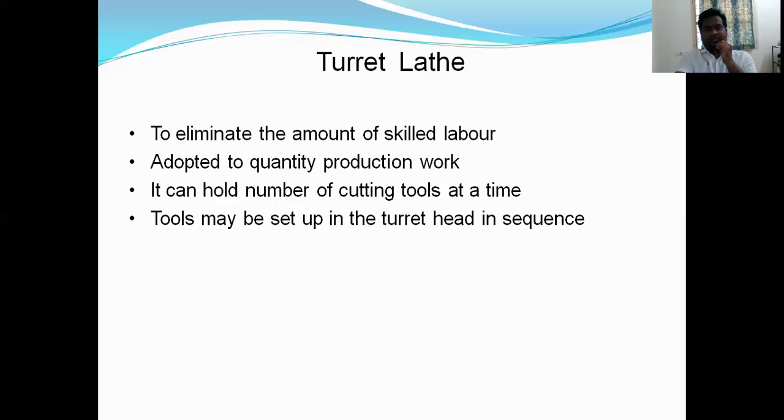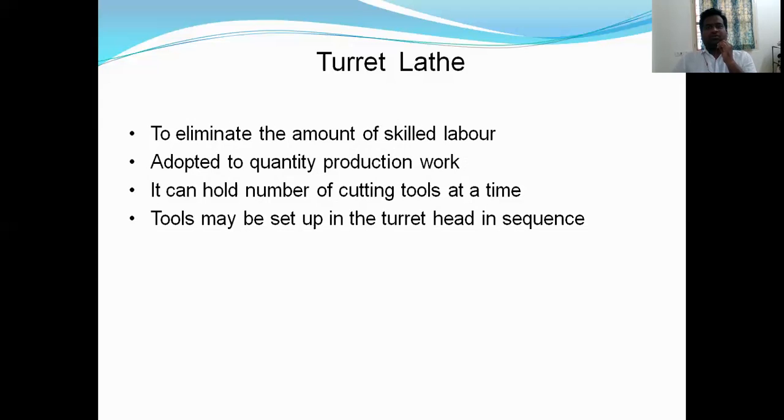Tools may be set up in the turret head in sequence. Sequential, orderly, they are fixed. Sequence means, suppose we want to do turning, boring, drilling, and reaming operations on a particular workpiece.